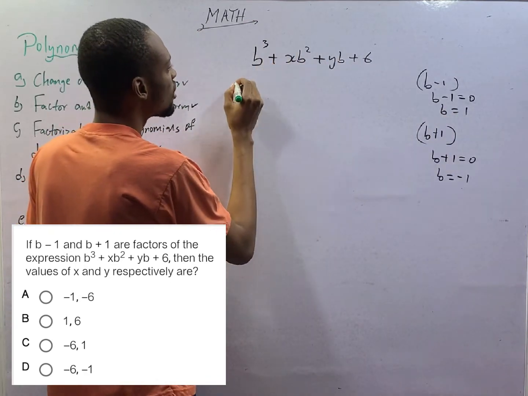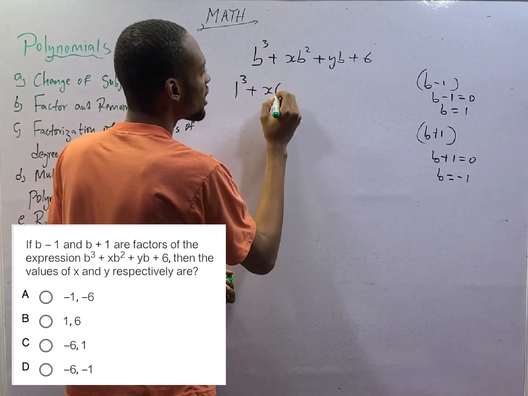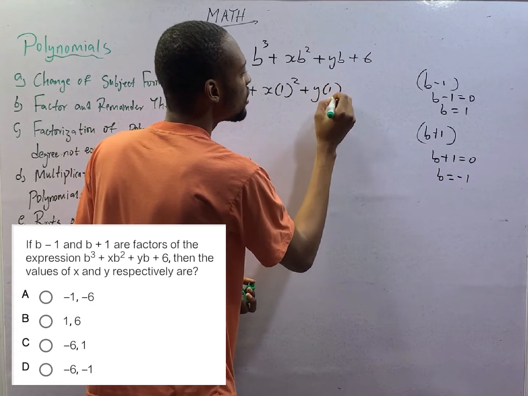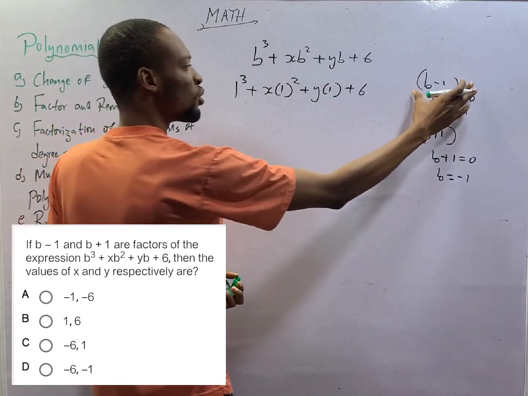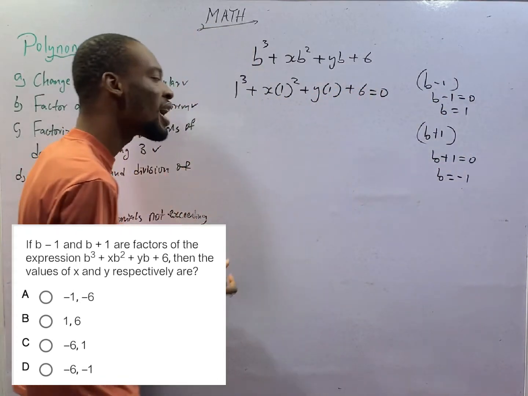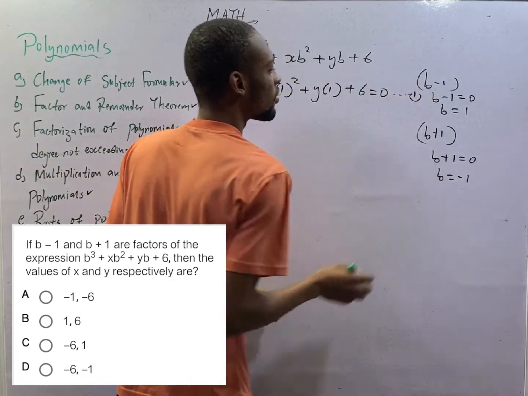If you do that, you have 1 raised to the power of 3 plus s times 1 squared plus y times 1 plus 6. If this is a factor, when you substitute it into the polynomial, you will get 0. Let's call this equation 1.